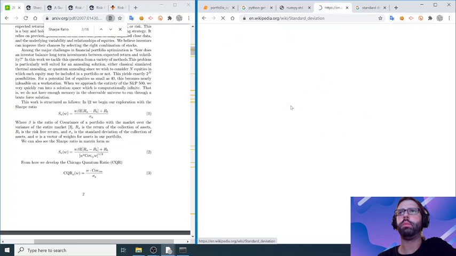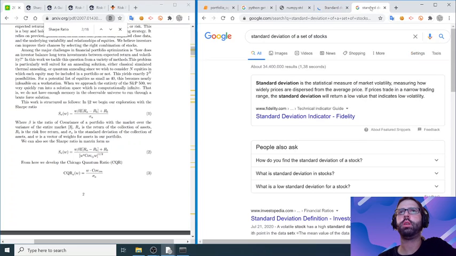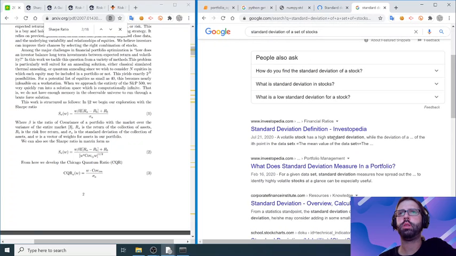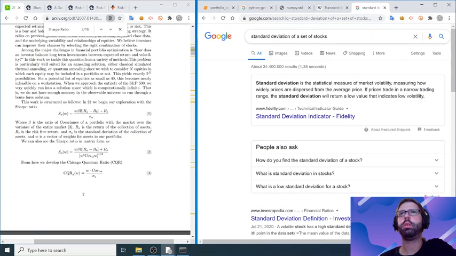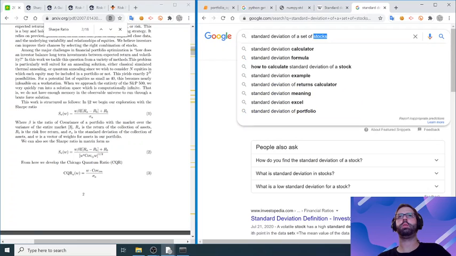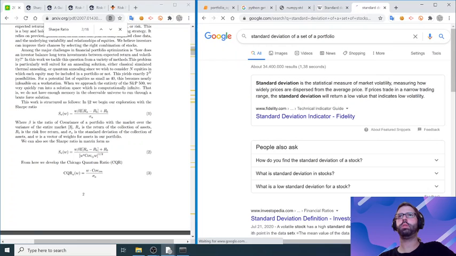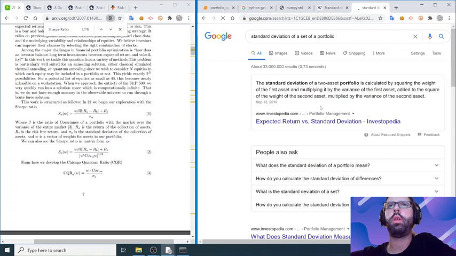So then a measure for the amount of variation of the portfolio, by squaring the weight of the first asset and multiplying it by the variance of the first asset, plus the square of the weight of the second asset multiplied by the variance of the second asset.